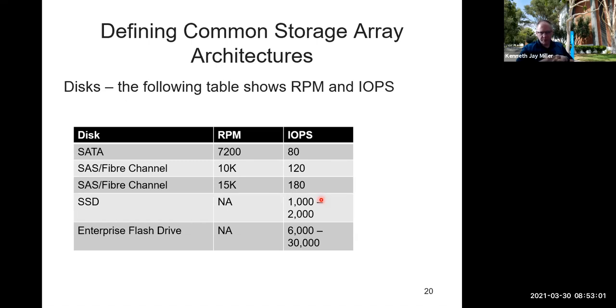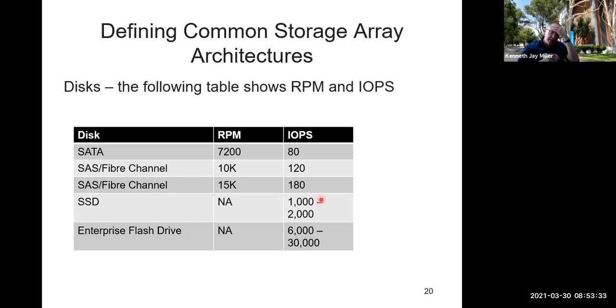And then our enterprise flash drive, which are drives designed specifically for SANs, you could call it, they're going to have an input output of between 6,000 and 30,000 input output per second. So just look at the scalability of how those increase.